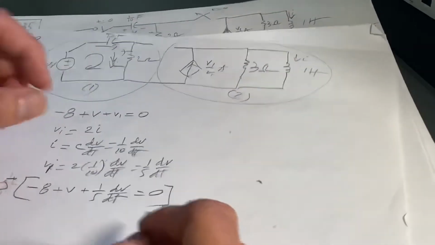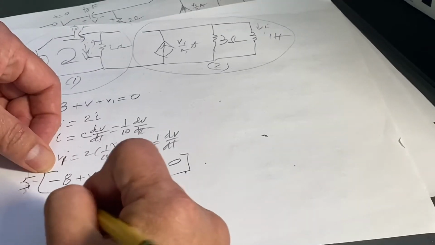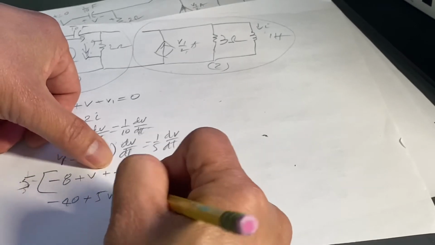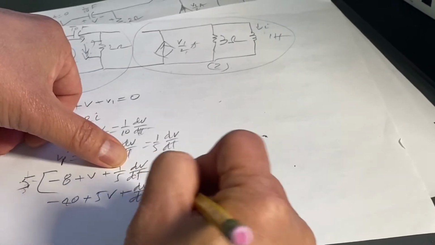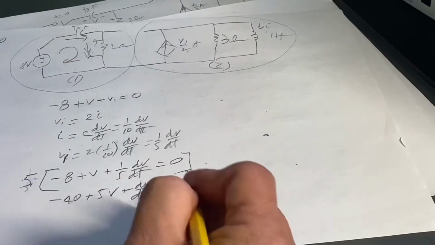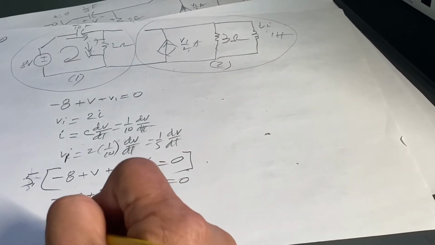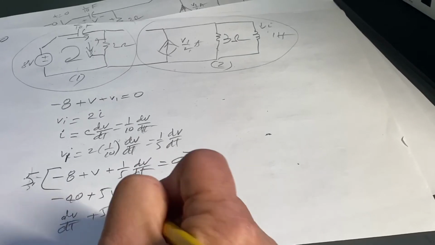I got negative 40 here, plus 5V here, plus dV/dt equal 0. I change position, putting dV/dt in the front: dV/dt plus 5V equal 40.